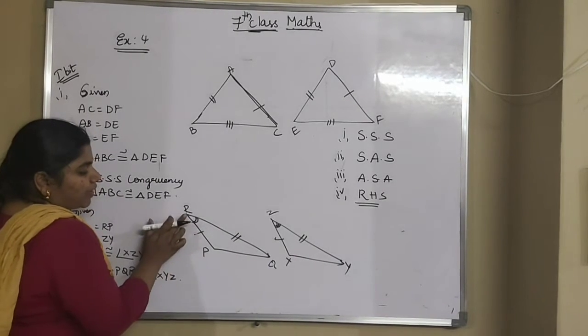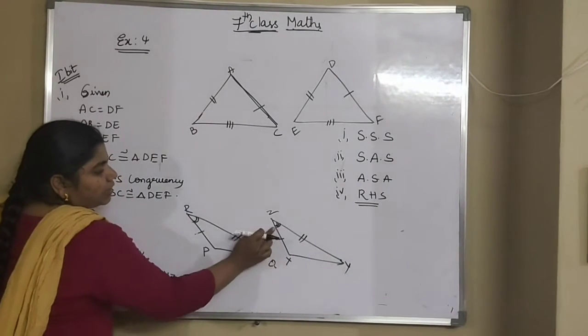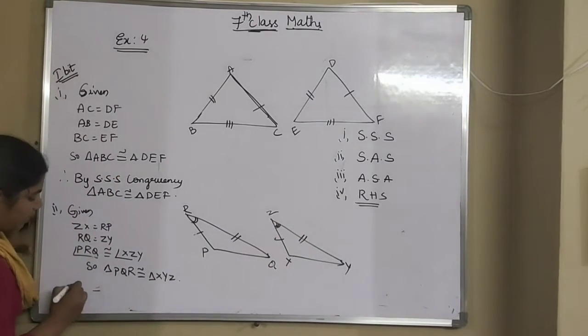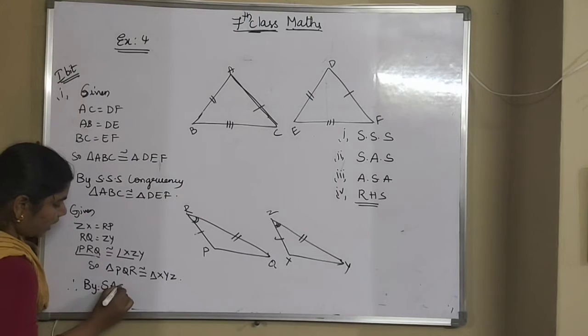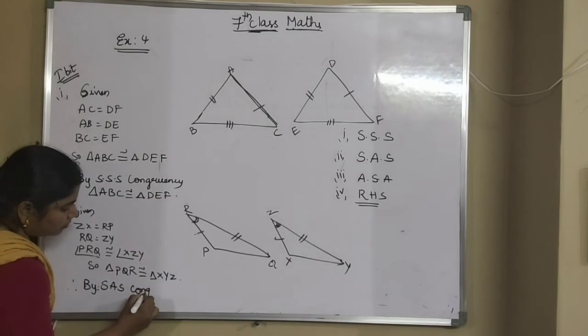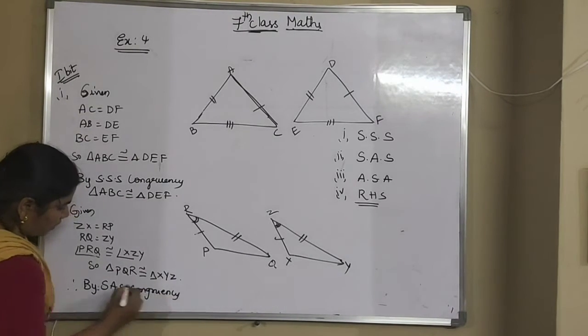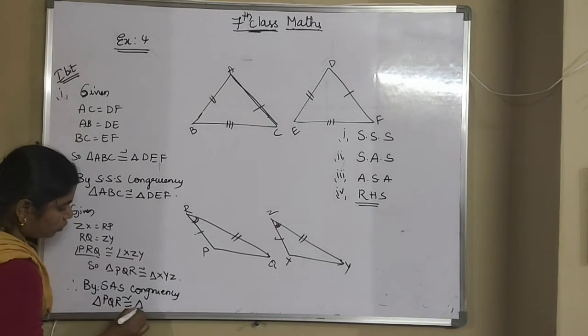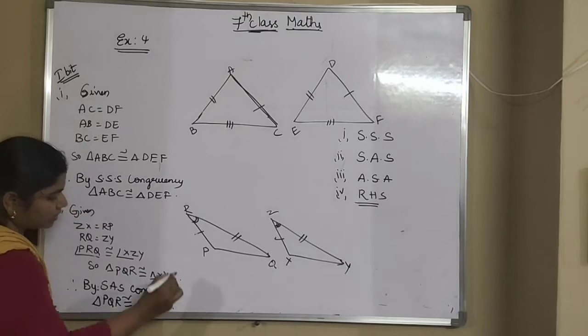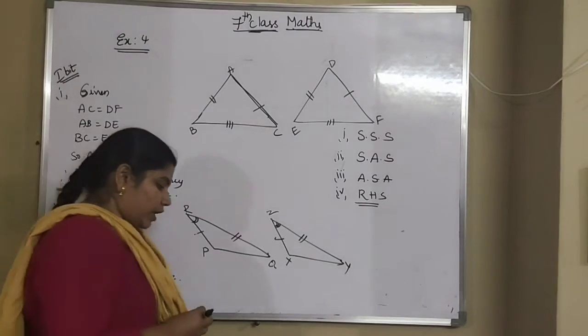So side, angle, side. By using SAS congruency, triangle PQR is congruent to triangle XYZ we can say. So this is our second one.